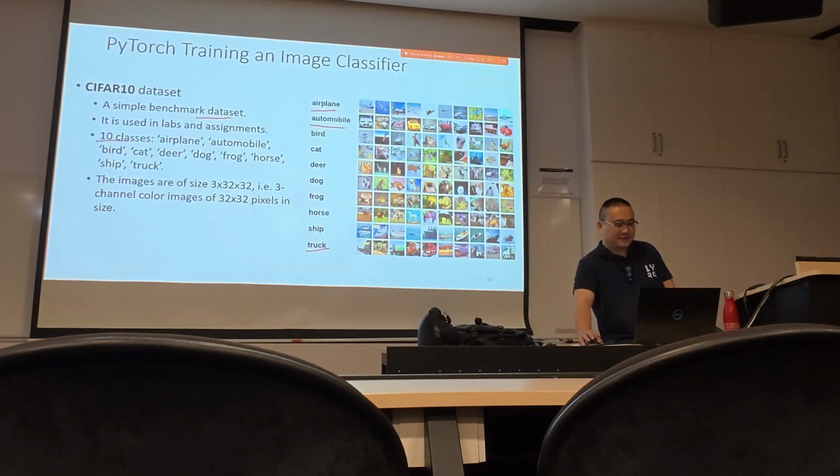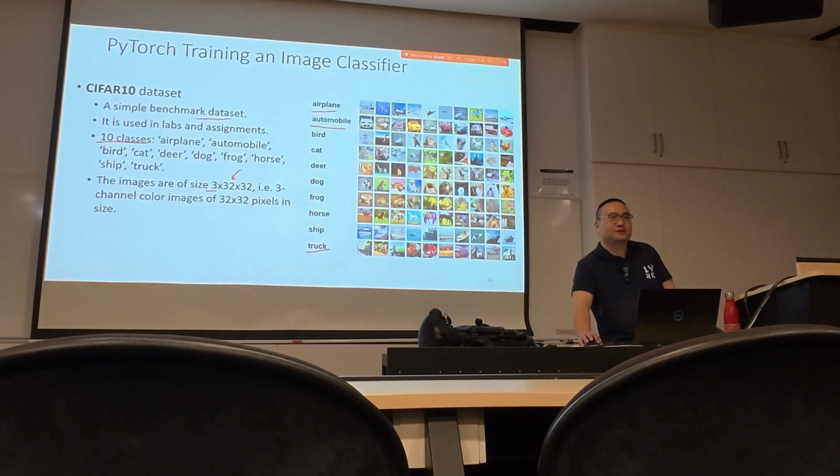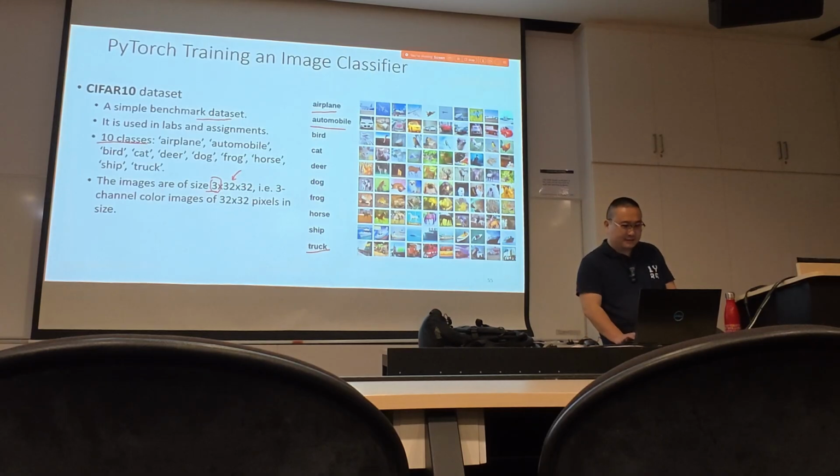And these 10 classes are shown here. This dataset only contains small images, 3 by 32 by 32, where 3 means color images, so RGB. So here you know that you can only use a tensor to store them, because we cannot use a single matrix. A matrix is just 2D. Now we have an abstraction, so we need to use tensors to store the images. And this is the dataset.